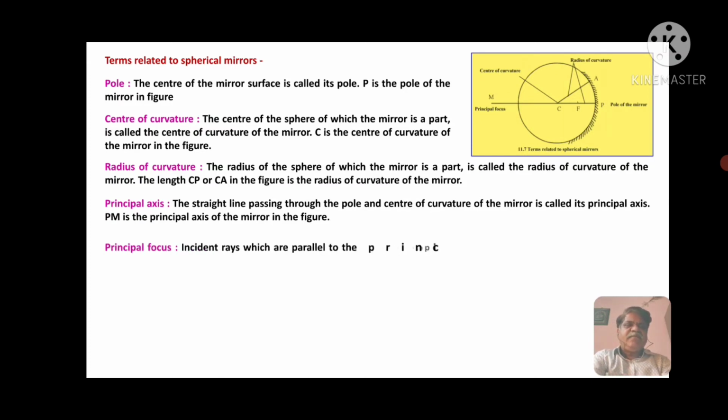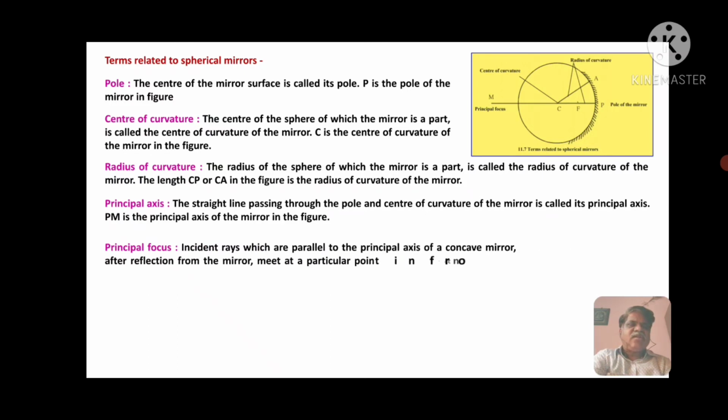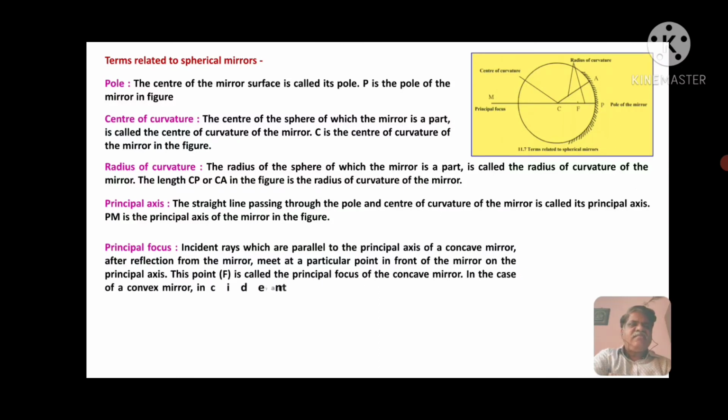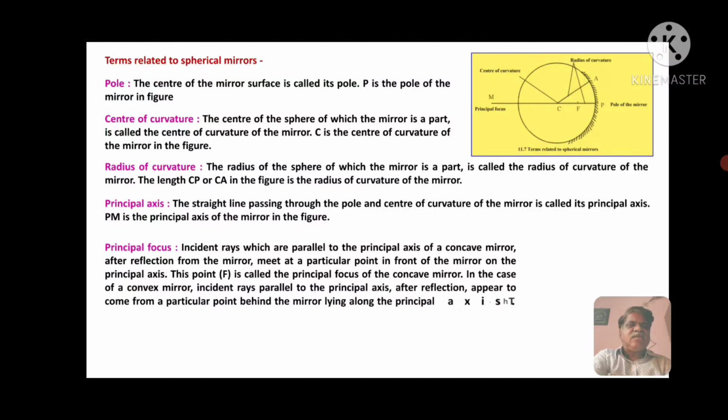Principal focus. Incident rays which are parallel to the principal axis of the concave mirror, after reflection from the mirror, meet at a particular point in front of the mirror on the principal axis. This point F is called the principal focus of the concave mirror.